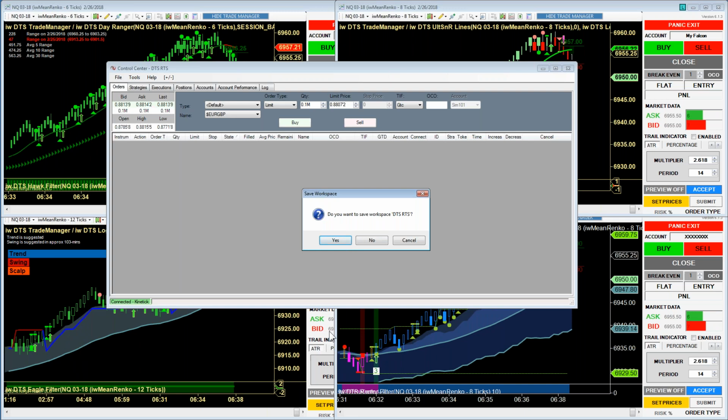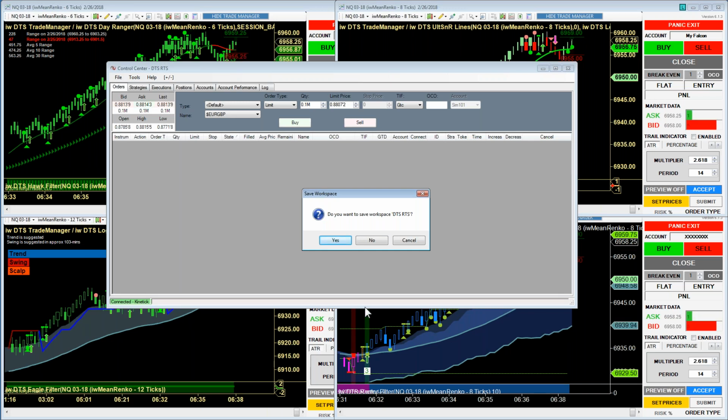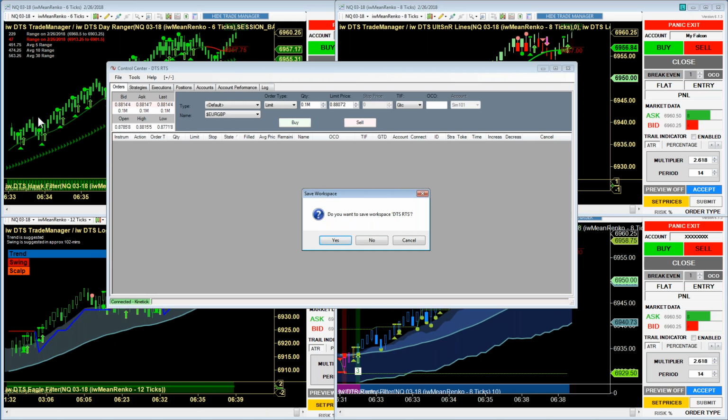But in actual fact, unless you have made a significant change to your charts, in other words, when we go from the March contract to the June contract, or whatever, you've made some sort of change that you need to save, then save it. Otherwise, click no.